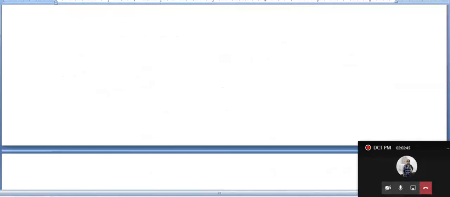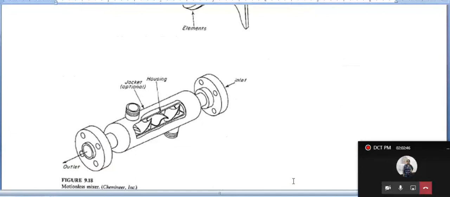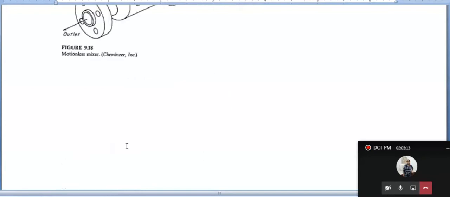Because by the time the gas comes from here, it goes out, there will be more rapid divisions, and we are twisting and turning the directions of the gases in such a manner that they lead to a homogeneous or blended product. So hence this length is very important. If you decrease this, what will happen? It will affect the mixing of the gases. So hence the length is important, and the theory says that if the pipeline diameter is 1 inch, then of course we can go up to 100 inches.